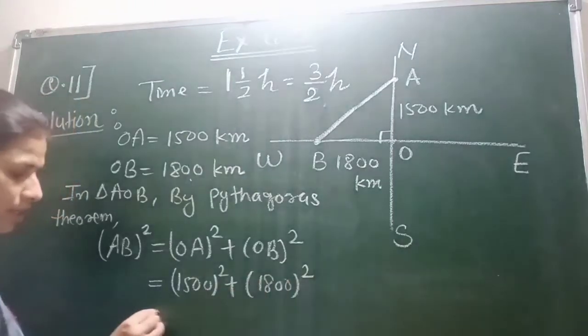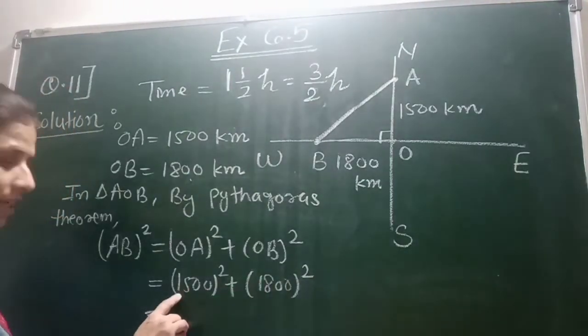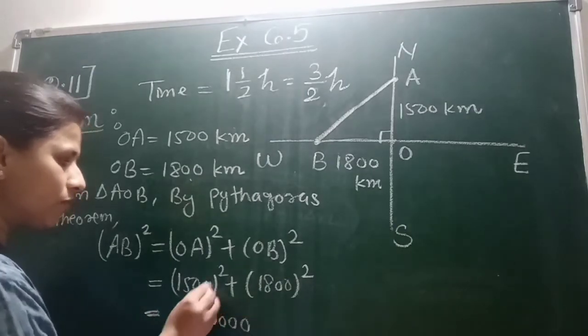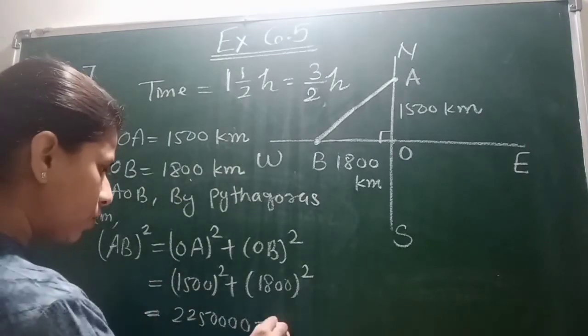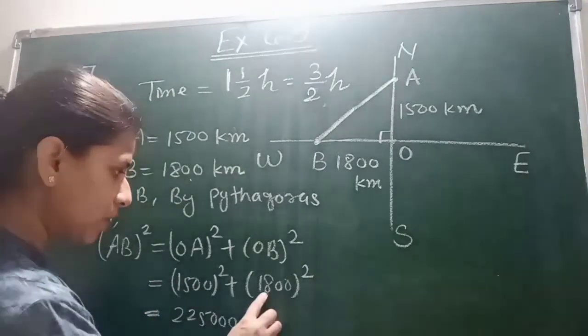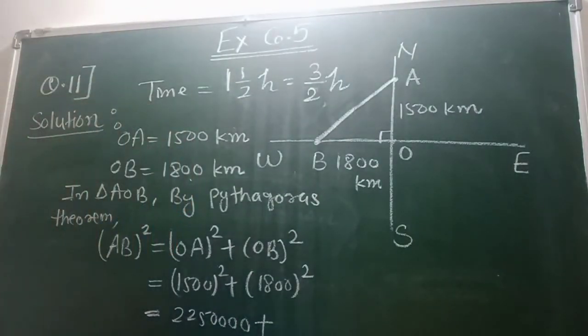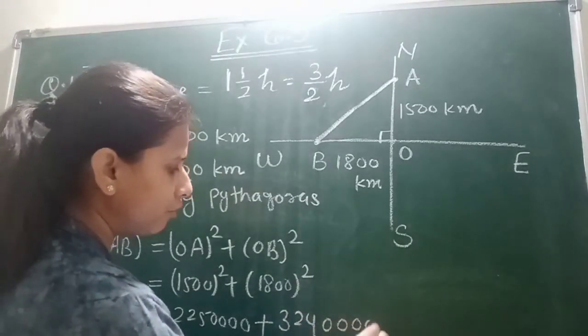Okay student, now the square of 1500. As we know the square of 15 is 225, then we will apply 4 zeros because we have to find the square of 1500. Then the square of 1800, as we know the square of 18 is 324. So 324, 1, 2, 3, 4 zeros.